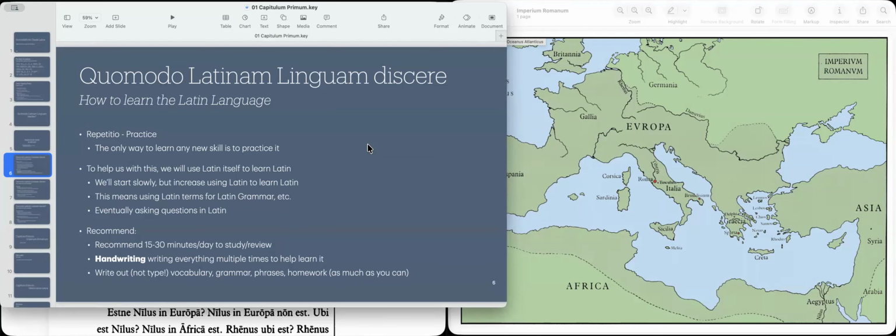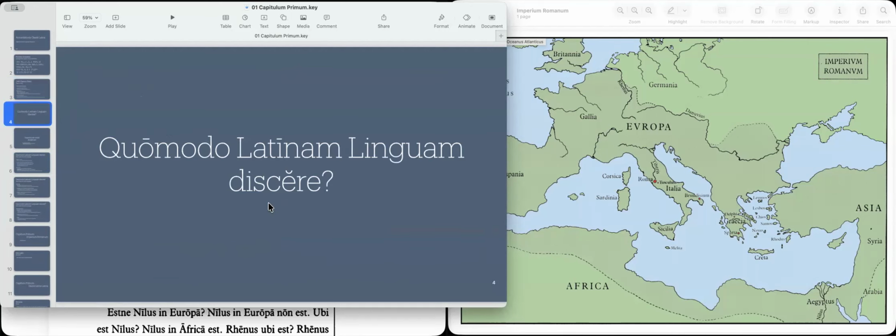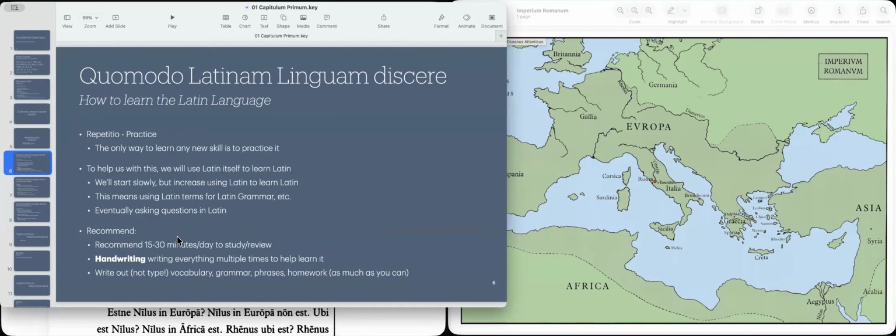In the Grammatica Latina, nomen, adjectivus, declinatio, when the time comes, I'll be using more and more of that. And eventually we'll ask questions in Latin. Not now. We've got training wheels. Well, actually, we don't even have training wheels on. We're more like on a tricycle.